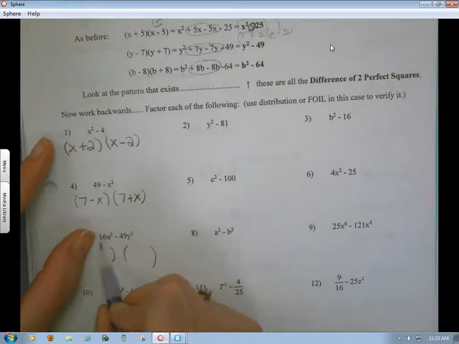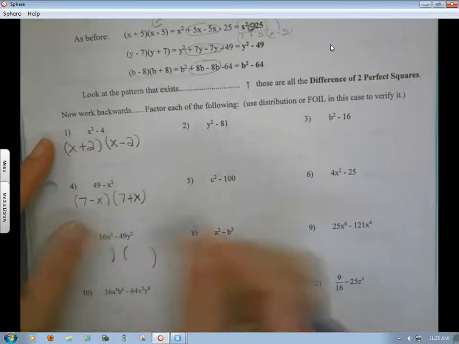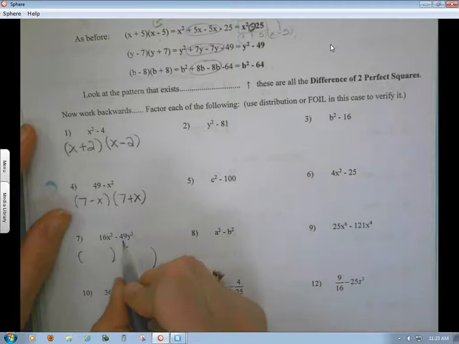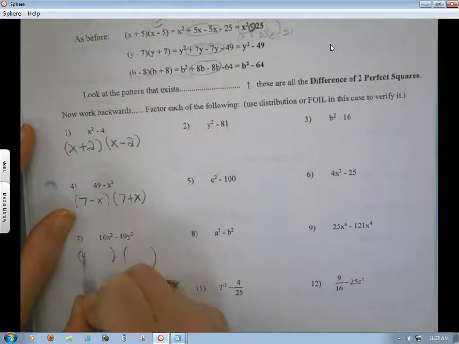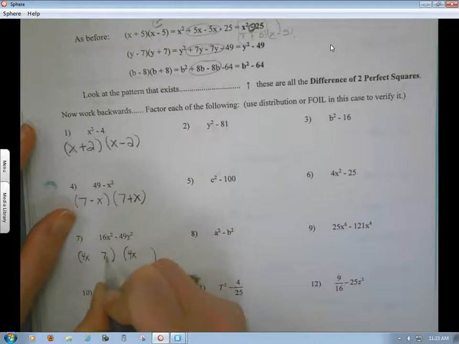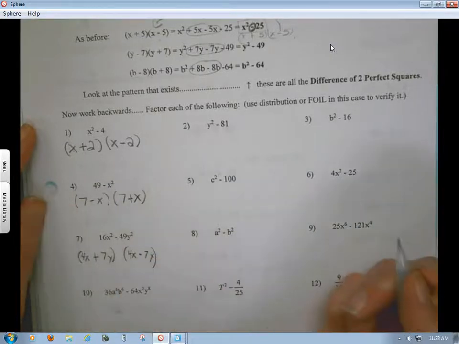If 16 was a perfect square, but it only had an x here instead of an x squared, I couldn't do it. The whole term has to be a perfect square. And then 49 is a perfect square, and y squared is a perfect square. So the square root of 16 is 4, or 4 times 4 is 16, and then x, and 7y, and 7y, and one of them positive and one of them negative.